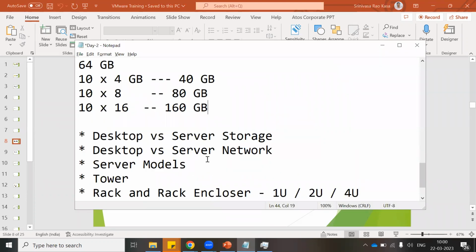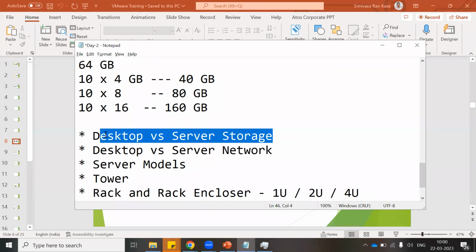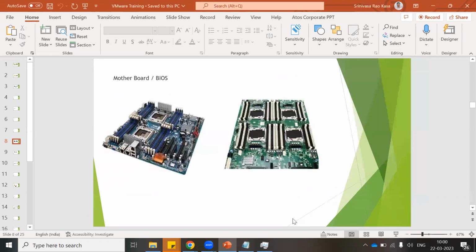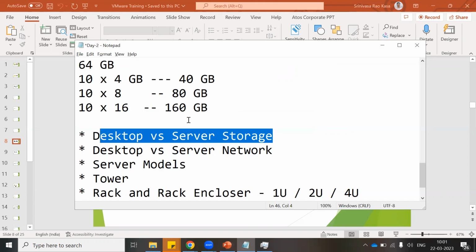For each concept there is specific information, and whenever that concept comes into the picture, we will discuss it. Generally, NVMe is a controller used to connect a storage device or disk. We'll discuss it, no problem.